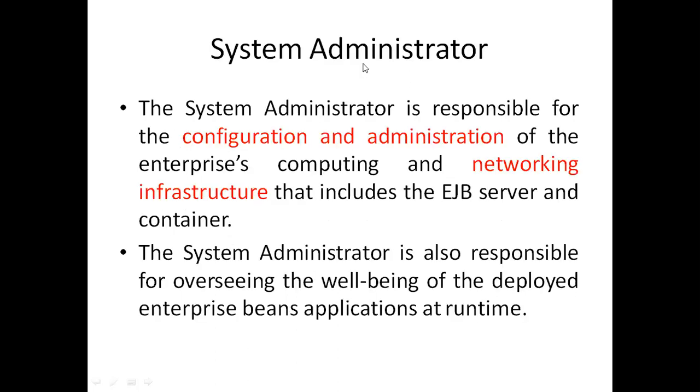The next one is the system administrator. The system administrator is responsible for configuring and administrating the networking issues between the EJB server and the container. The bean is in the container, the container is in the server, so we need a connection between these three, isn't it? All the networking infrastructure between these three will be provided by the system administrator.